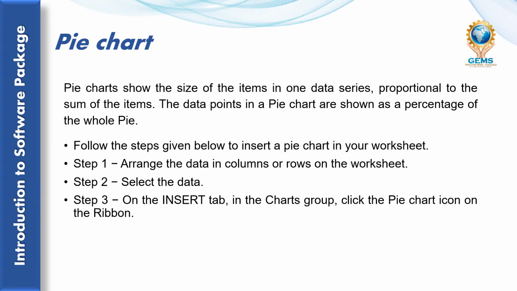Step 1, first you have to arrange the data in columns or rows on a worksheet. Step 2, select the data. Step 3, go to the insert tab and in the chart group click the pie chart icon on the ribbon.